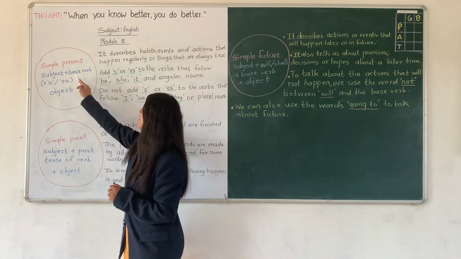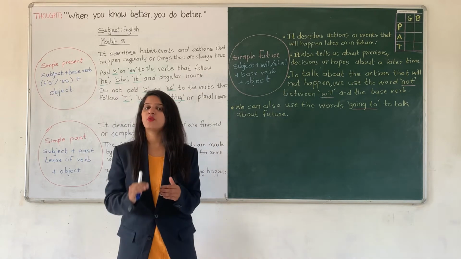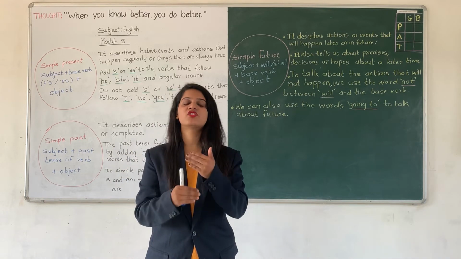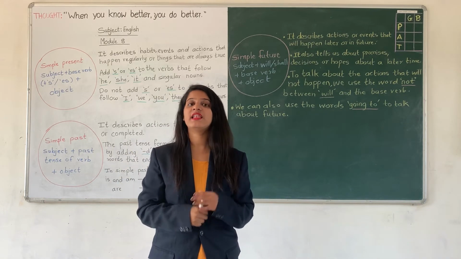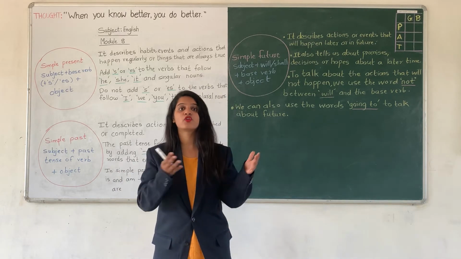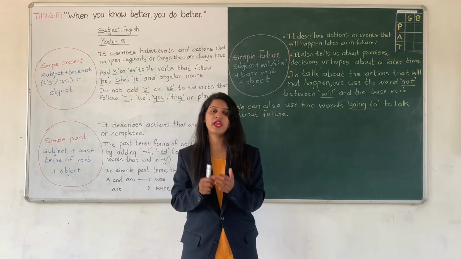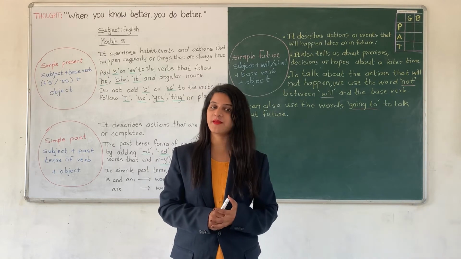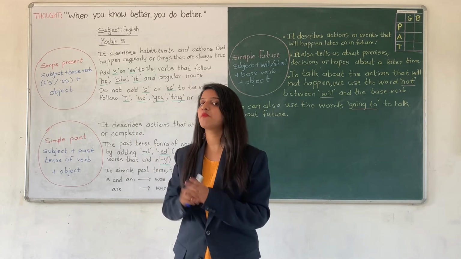Now next, base verb. Now what do you mean by base verb? Base verb is a verb that shows the action, like play, eat, drink, jump, talk, walk. So these are the base verbs. Now why have we mentioned base verb over there?